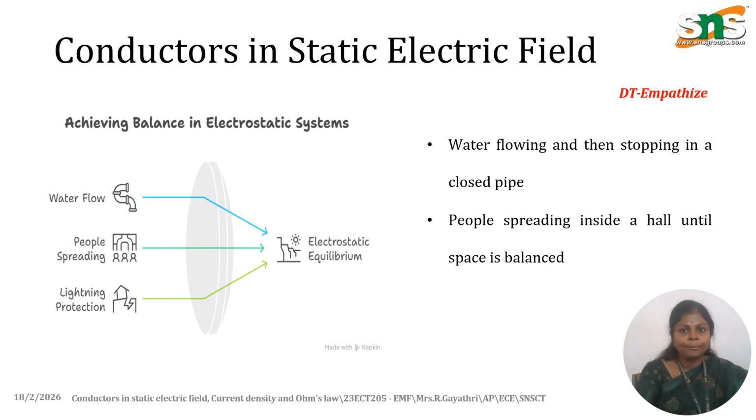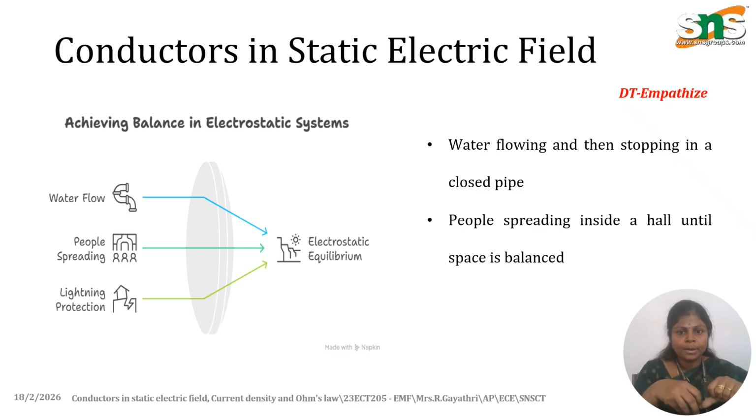Coming to the conductors in an electrostatic field, we have to achieve the electrostatic equilibrium condition. For example, when we take a hall, there will be people inside the hall, and the hall is filled by the people until the space is balanced.